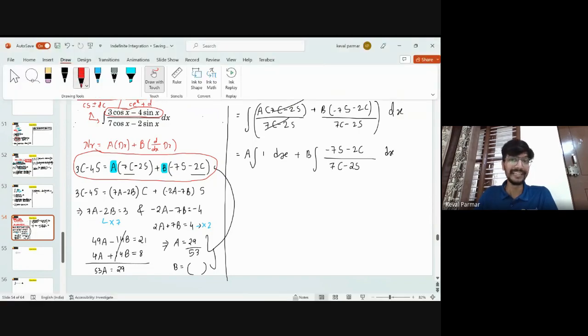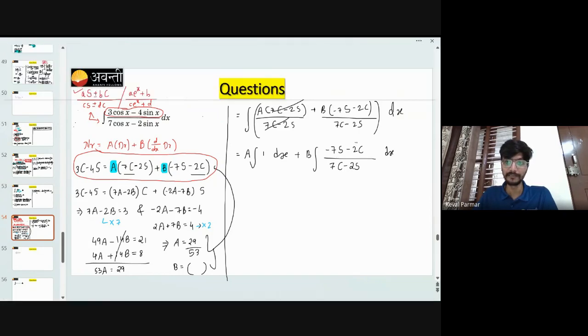Now, very clearly you can see if the denominator is f of x, then the numerator is f dash of x. You can see very clearly. अरे हम लोग ने ये लिया था ना डेरिवेटिव ऑफ डिनोमिनेटर.